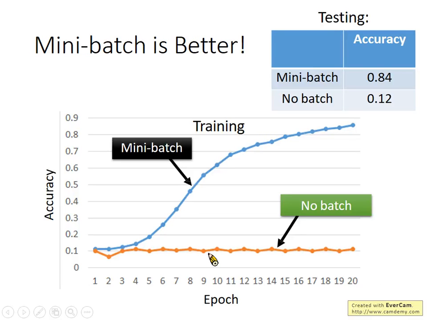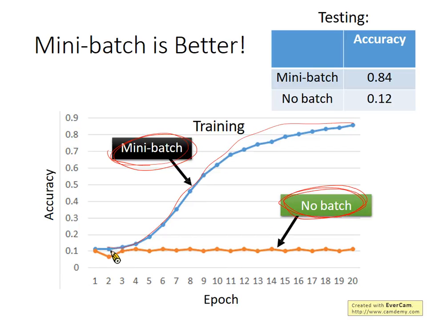So this is the result of a toy example. As the number of epochs increases, if we don't use batches, that means we sum the total loss and update the parameters according to the total loss, then the training accuracy stays almost the same. However, if we use mini batch, we can increase the training accuracy as the number of epochs increases. Why?